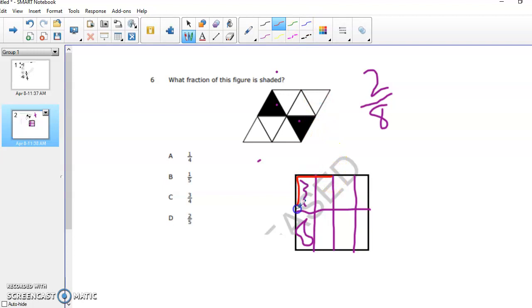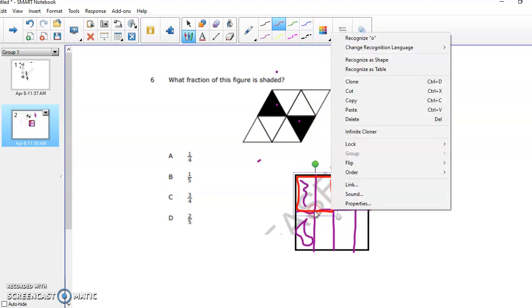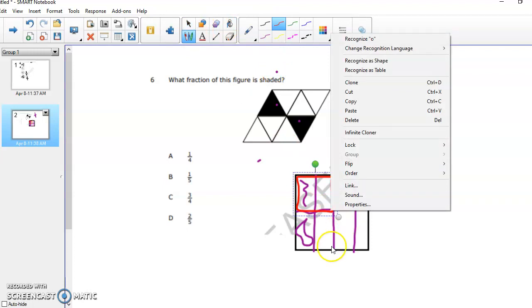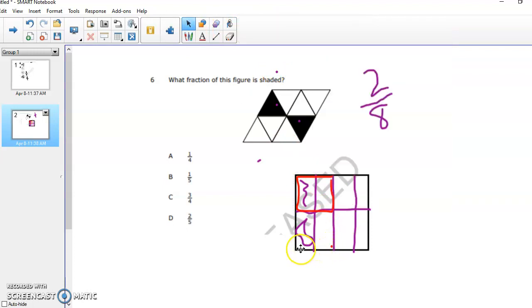Those 2 come together. Those 2 come together. Oh, lost my pen. These 2 here come together. Goodness, having some trouble. There we go. These 2 come together.